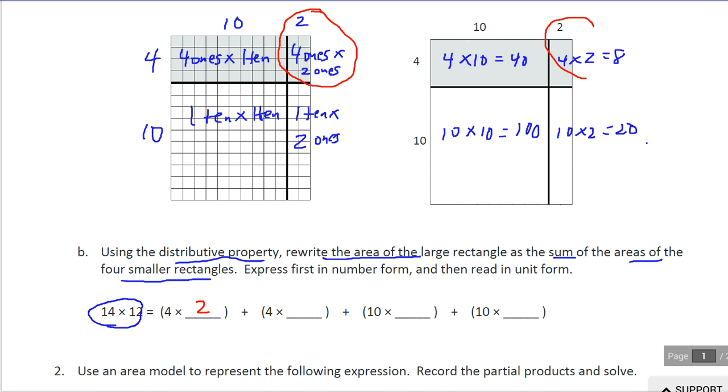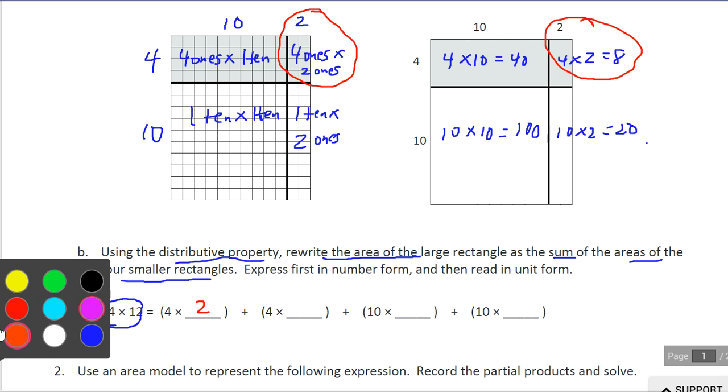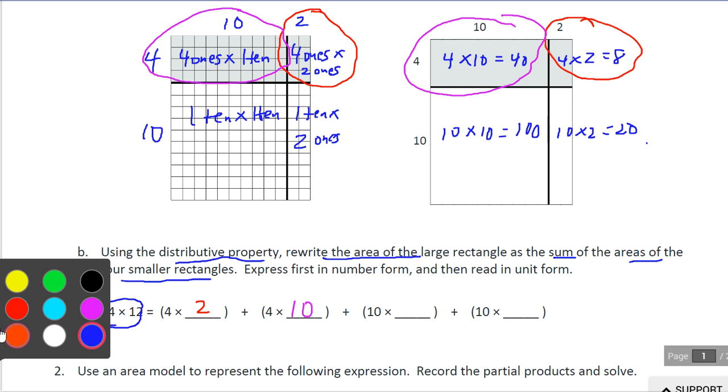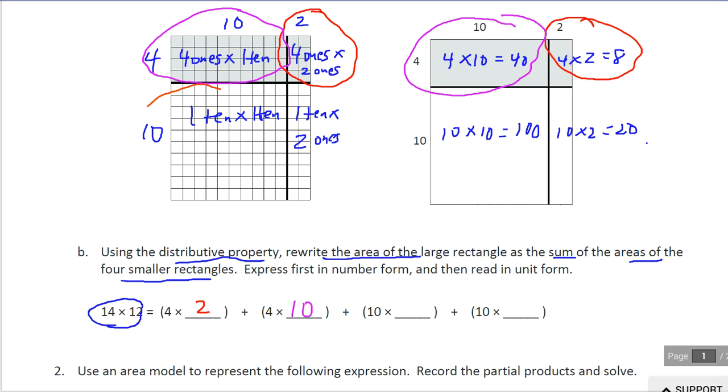Plus 4 times 10, which would be this section here. And then that's going to be plus 10 times, now we're looking at the next box.